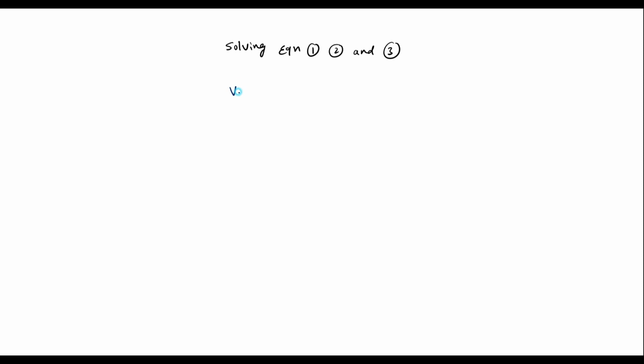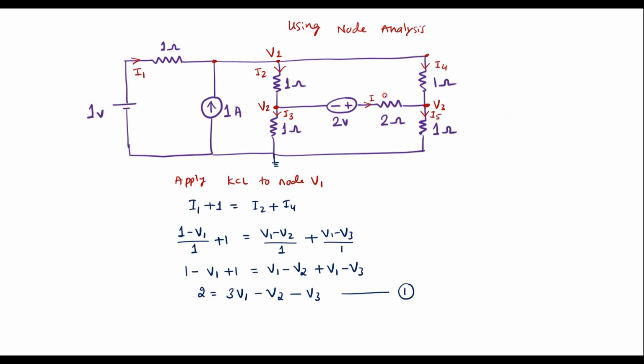So we will get V1 is equal to 1 volt, V2 will be equal to 0.1667 volt and V3 is equal to 0.8333 volts. So now we have to find I.